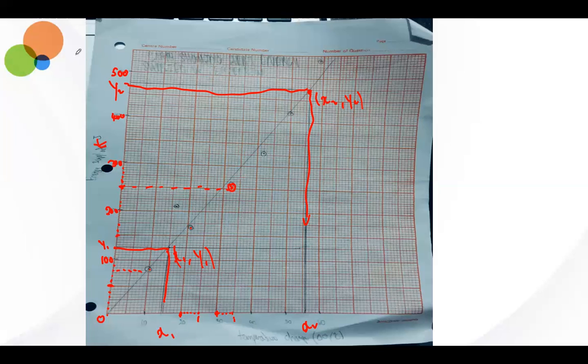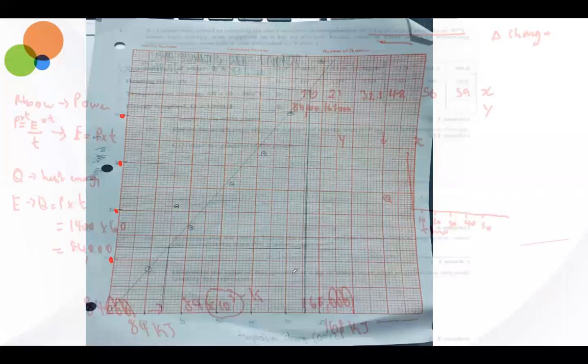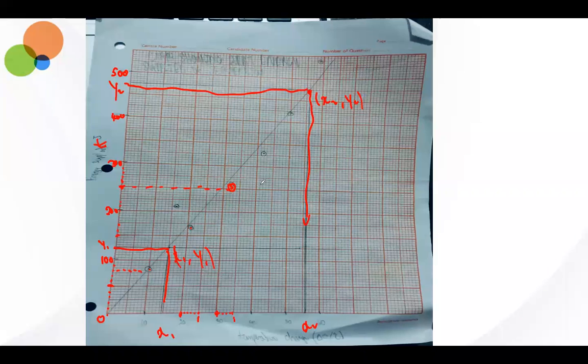So we compare y2 minus y1 over x2 minus x1, and that would give us our gradient. When we come next week, you can attempt the rest of these questions here, but we have 1 minute, so we will end here.